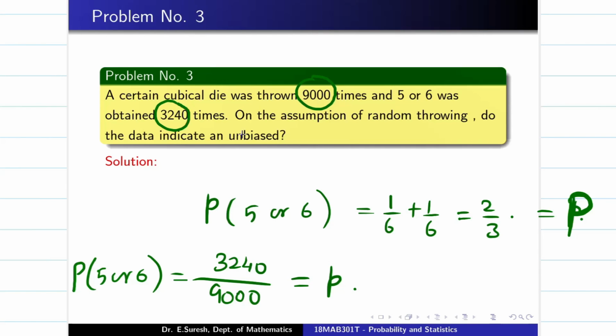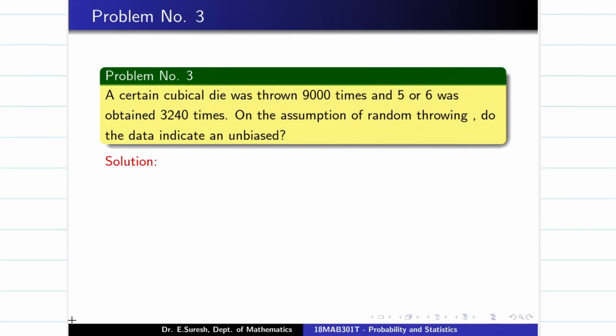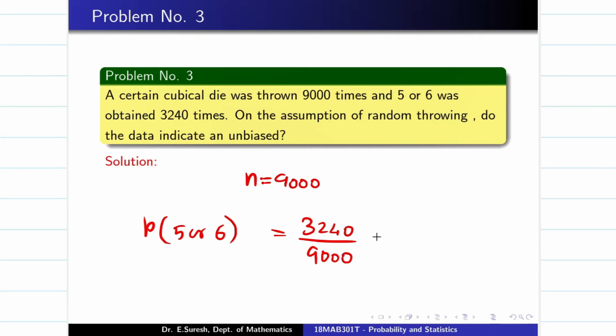Now I am going to check whether they are biased or unbiased. Means what? The game is going very proper. Biased means there is a cheating. So let me do it now clearly. So n equal to 9,000 times I throw a die. When I throw a die, probability of getting 5 or 6 is 3,240 times out of 9,000.